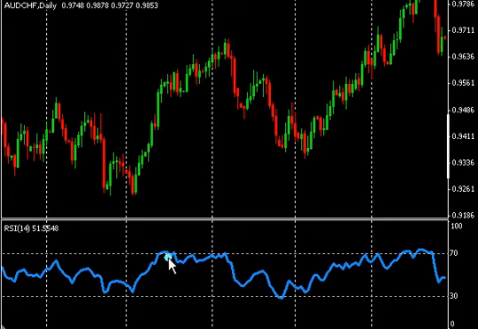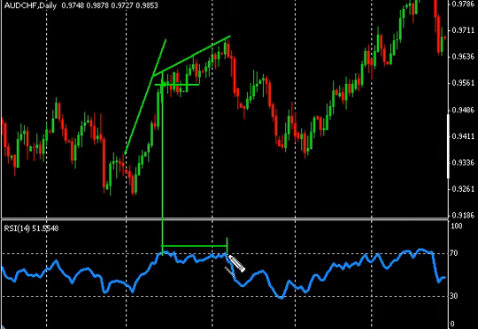You can see that price tends to be overbought when we get up to this range, and at that moment you can see the momentum has decreased. But currency pairs can be overbought for an extended period of time, just like in this case right here.